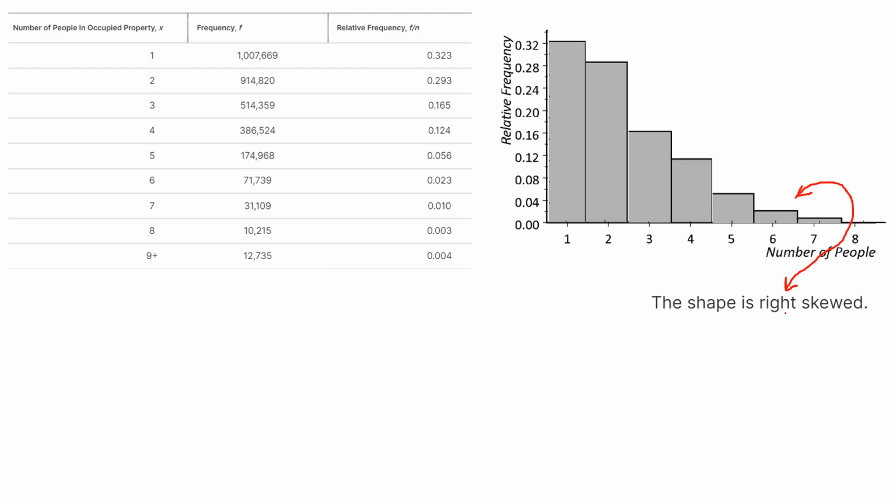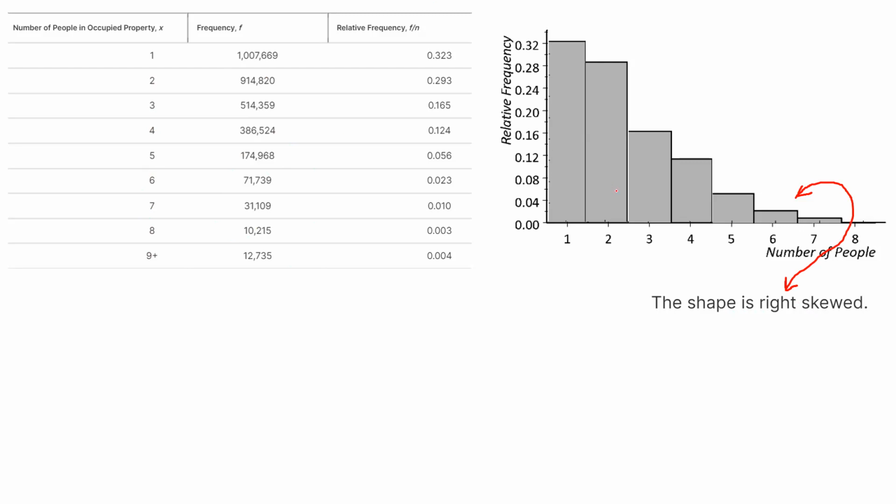So if I ask you to find the typical value, if somebody asks you, now that you ran this survey out of 3 million properties, what is the typical number of residents?